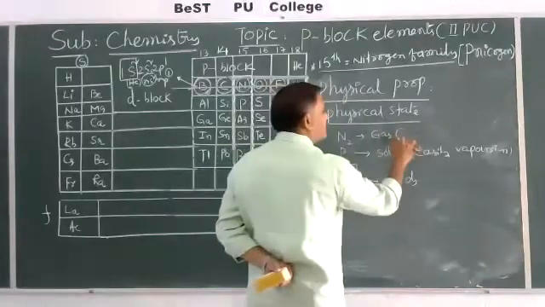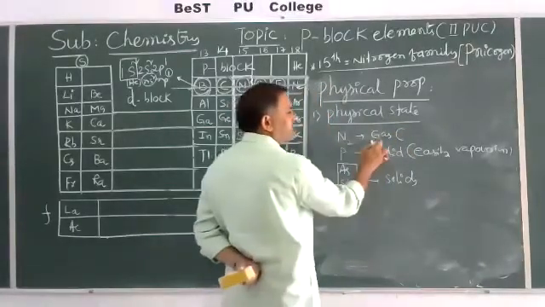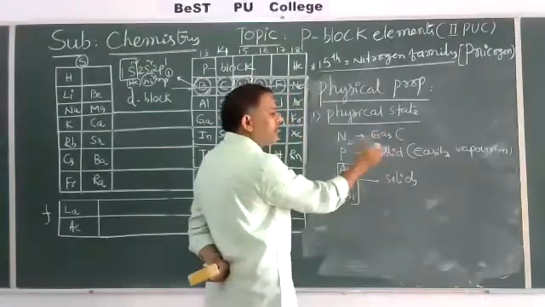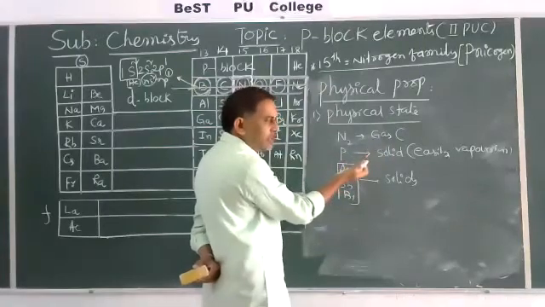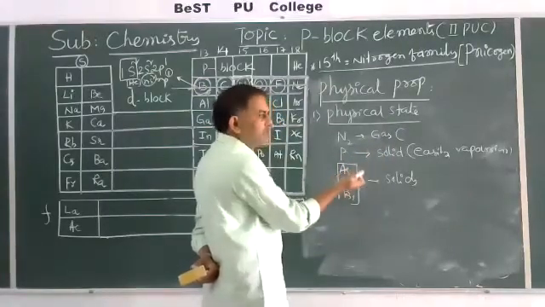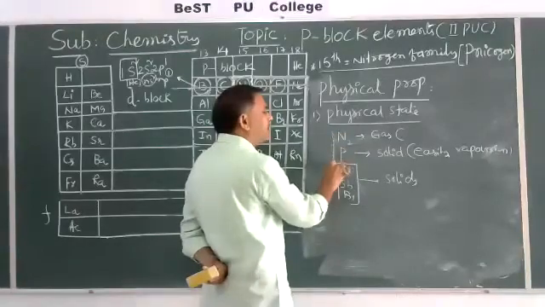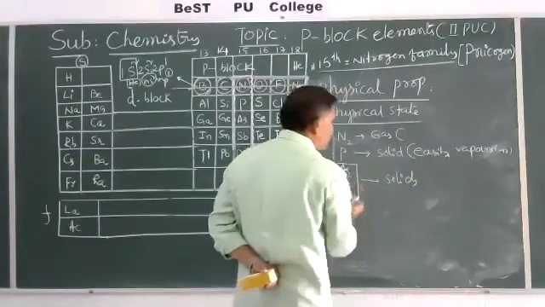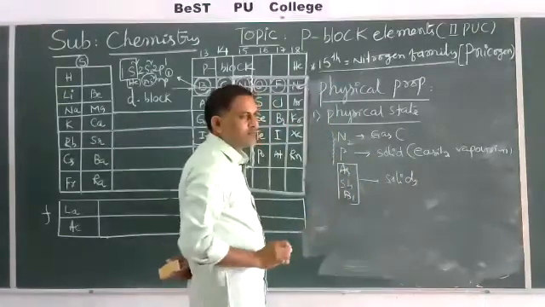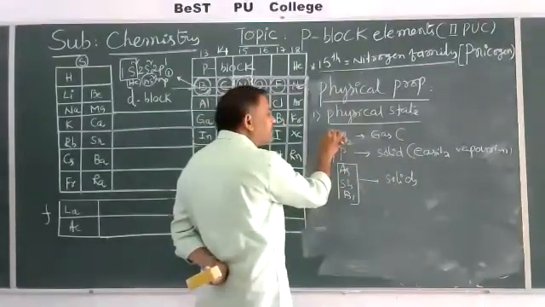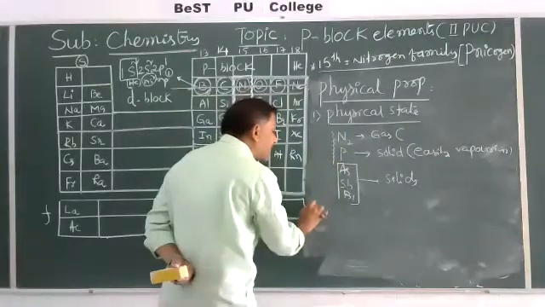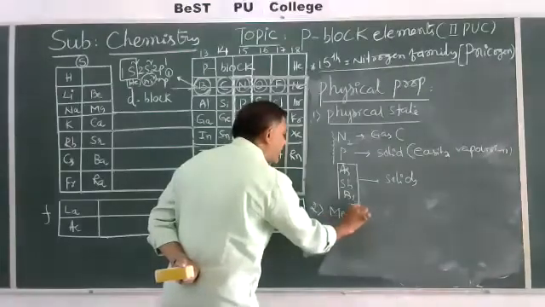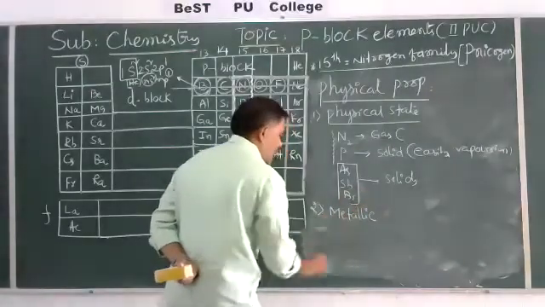Nitrogen is in gaseous state at room temperature under normal conditions. By changing the conditions, maybe we can condense it into a liquid by freezing. That's why under normal conditions: gas, solid, easily vaporized solid, and solids. In this physical state, the characteristic is metallic as well as non-metallic character.